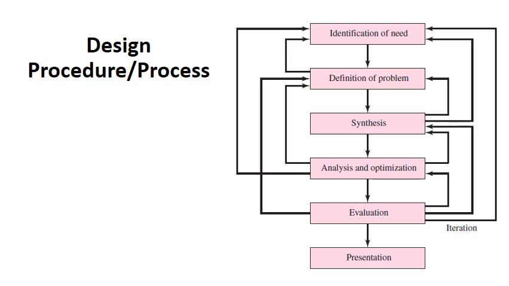There is a, you can see those arrow marks, right? As we said earlier, it is possible that we can have multiple solutions for the same problem. So when there are multiple solutions, you can check all the solutions against the problem definition and identification of need, whether it is satisfying.